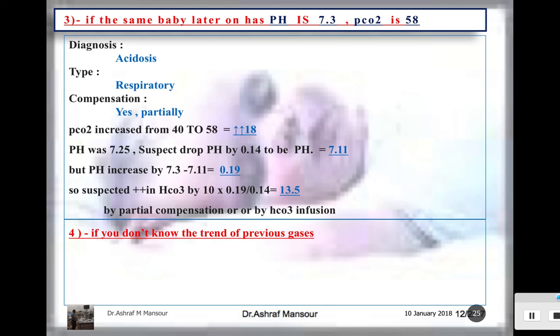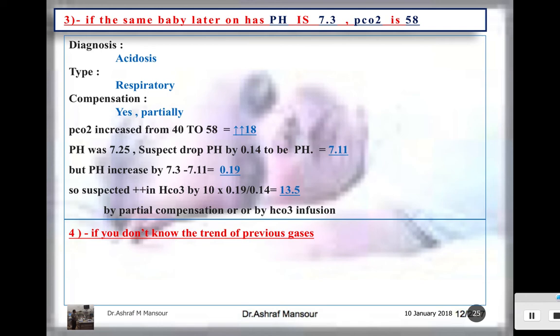But the PCO2 of 58 is responsible for dropping the pH from 7.35 to 7.3. So the increment in the CO2 is from 45 to 58. So this 13 will decrease the pH by 0.05.